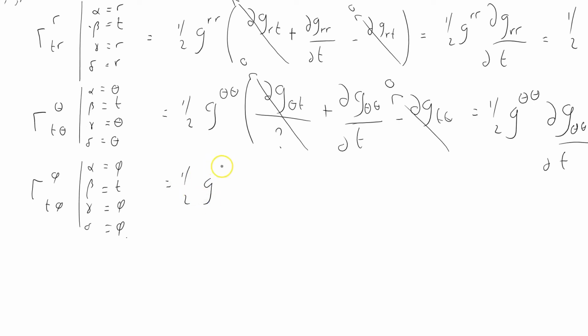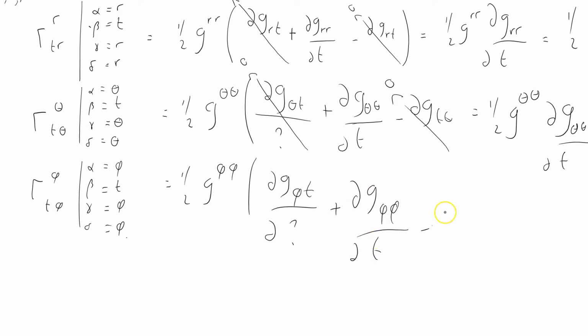1/2 g. Well, we can just write it down because wherever we wrote a theta down here, the thetas all turn to phi's. So it's the derivative of g phi t by don't care, plus the derivative of g phi with respect to t, minus the derivative of g t phi by don't care.